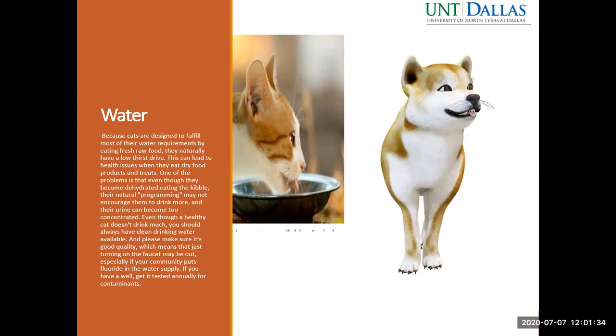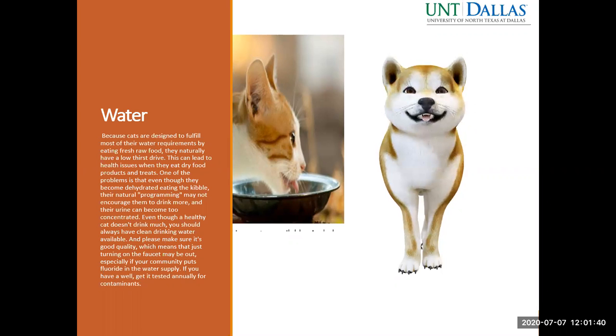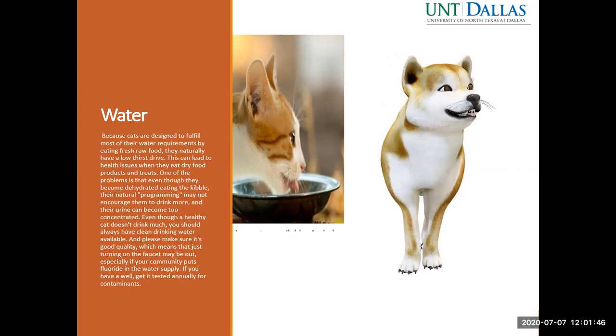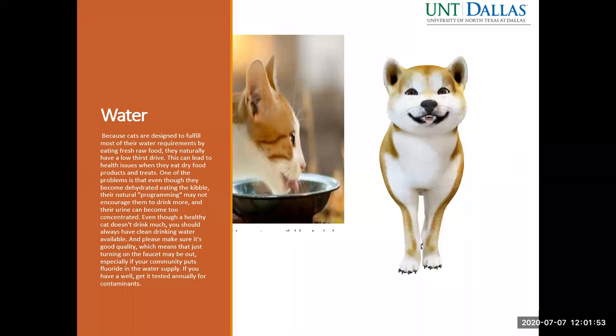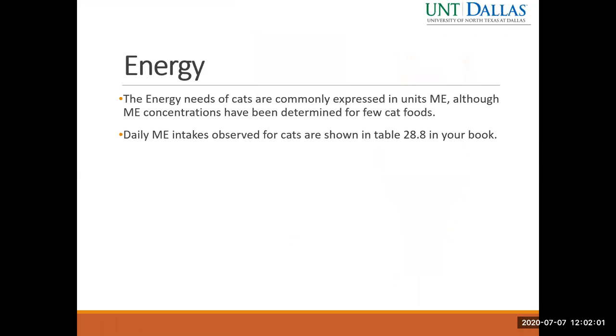Since we all know that there are different kinds of contaminants present in the water, giving that water to your dog or cat might result in certain kinds of diseases or infections in your pets. So that's why, if you have a well, get the water tested annually for certain contaminants.